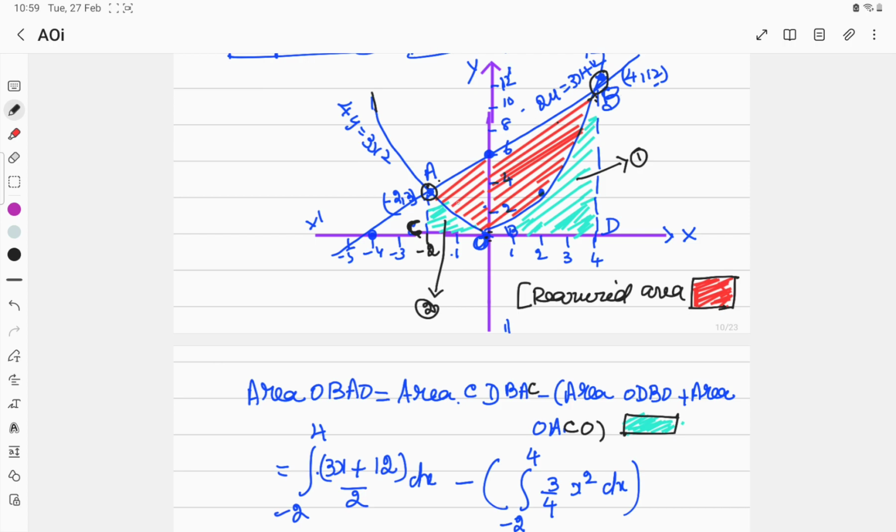So we add and subtract these two areas to get the required area shaded in red.